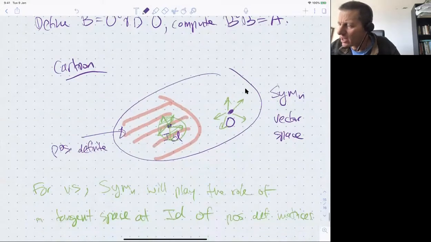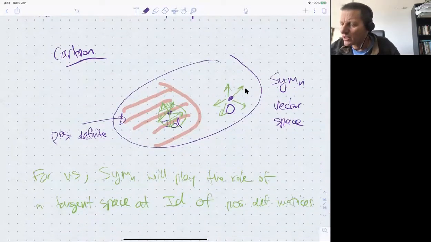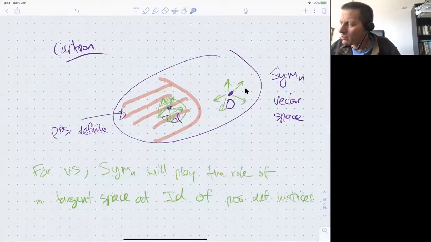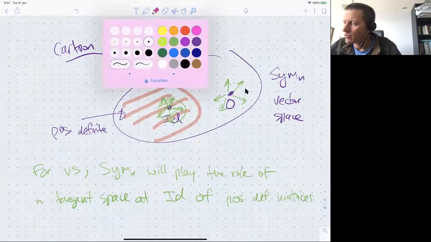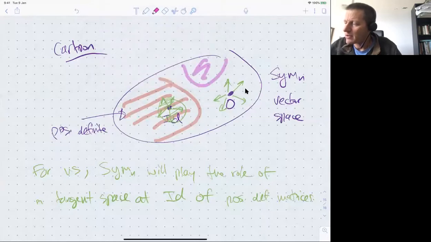And you might ask yourself, just to complete the picture, we won't need this later, what does the rest of this vector space look like? And the answer is that there are two kinds of matrices in here. There are the matrices which are not invertible, but all the ones which are invertible correspond to quadratic forms, and quadratic forms have signature. So this space is split up into n+1 little pieces, and maybe there's another piece here, and maybe there's another piece.